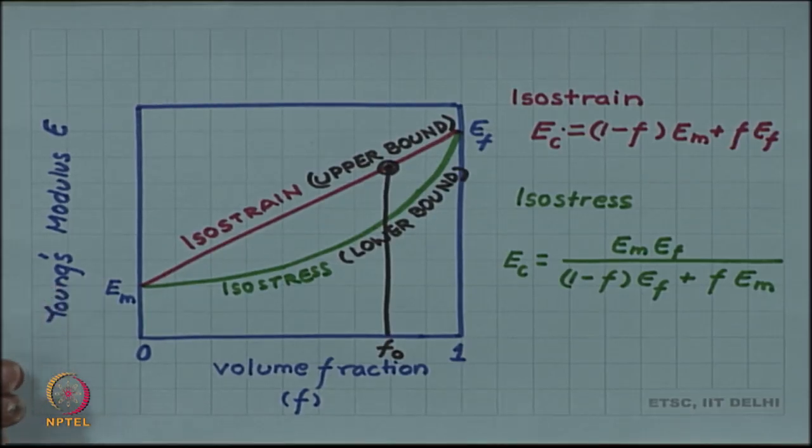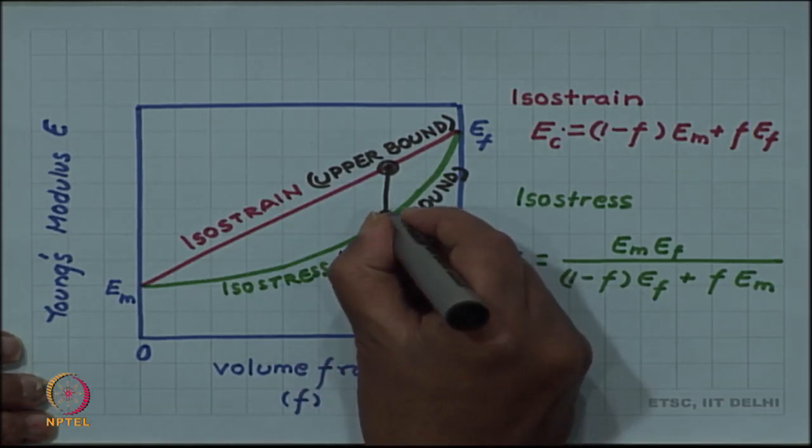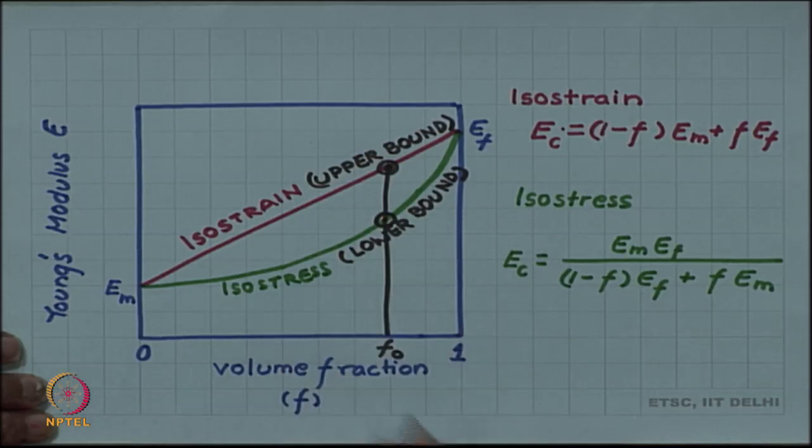However, if we make a sandwich composite with parallel layers and load it normal to the layers, we will get a lower modulus on this green curve.